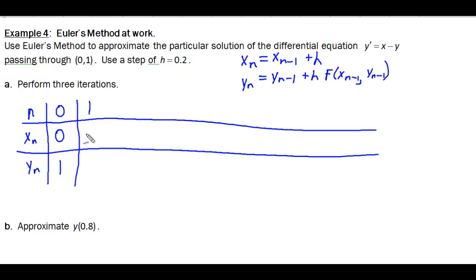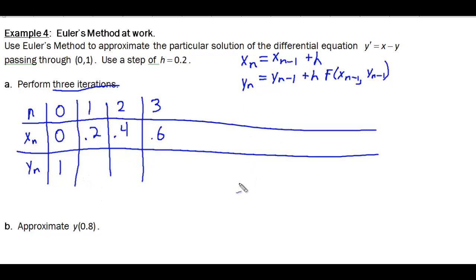So x1 is just x0, 0 plus 0.2, so this is 0.2. x2 is 0.4. x3 is 0.6. And we're performing 3 iterations, so we can stop there. So then, what is y1?